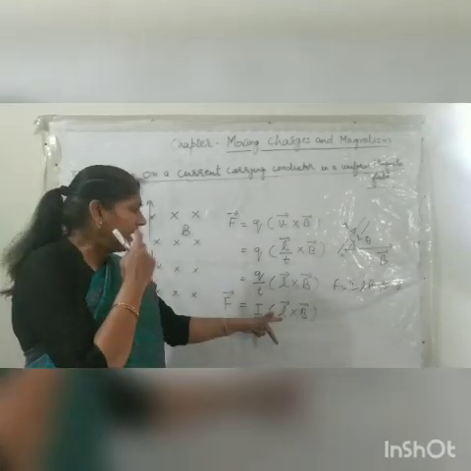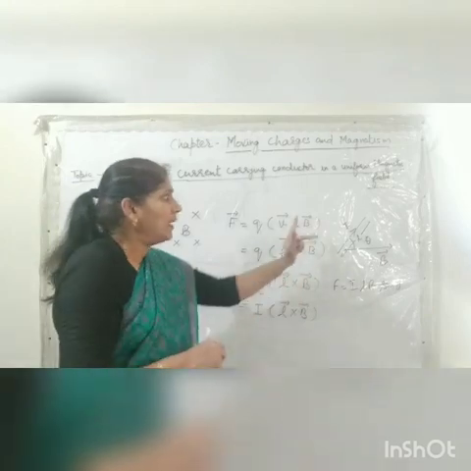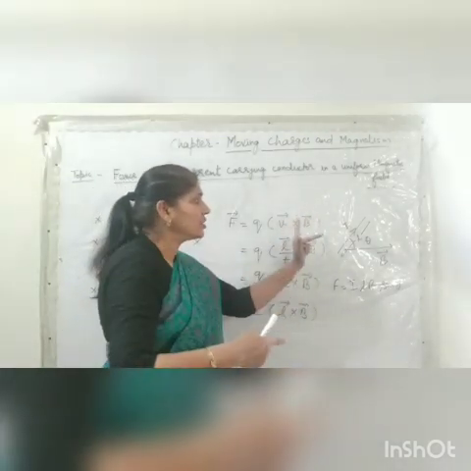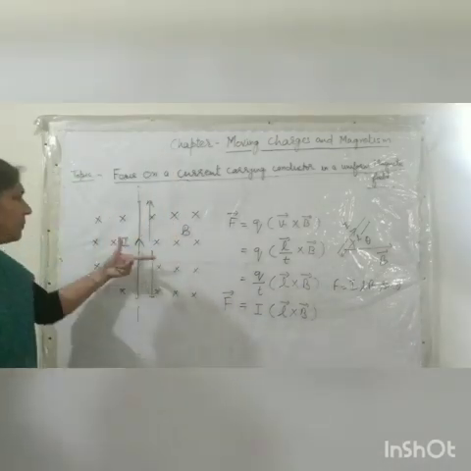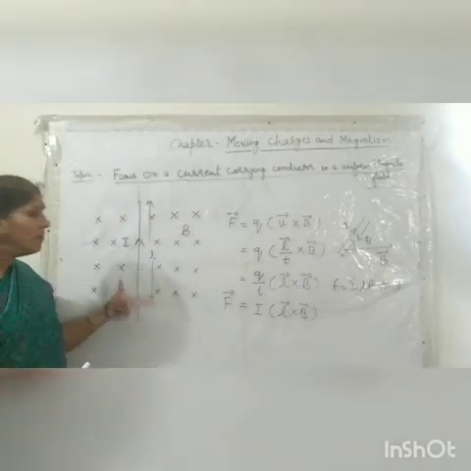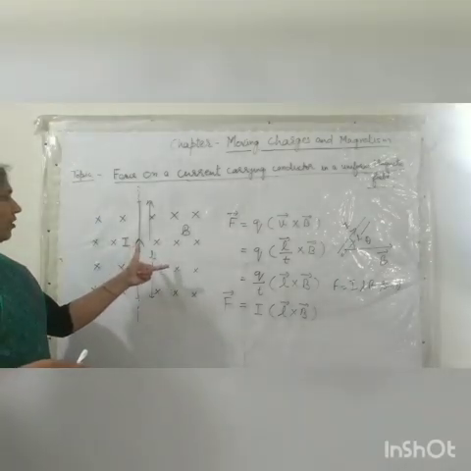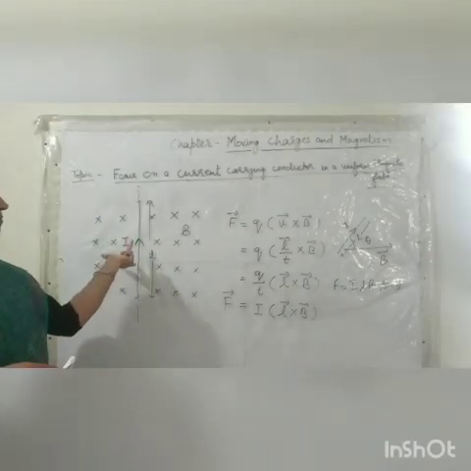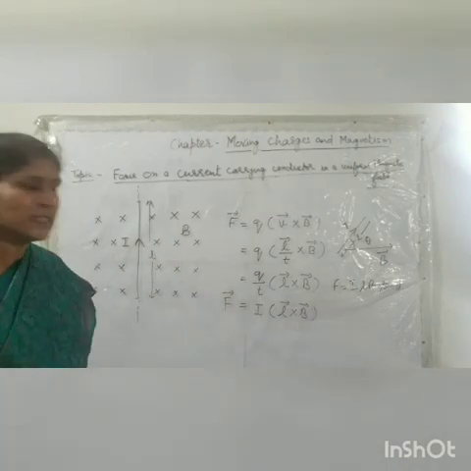So here vector L is representing the direction of current. If we take this example, here current is along this direction and magnetic field in that direction. If we take mutually perpendicular directions, suppose the magnetic field is perpendicular to the plane of paper and current is upward, then the force on this conductor due to the magnetic field will be in this direction.